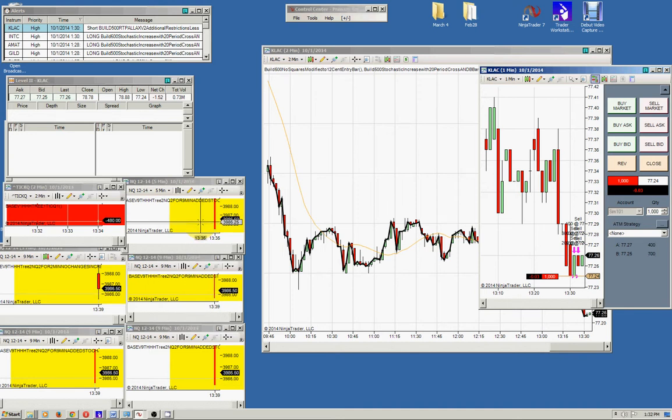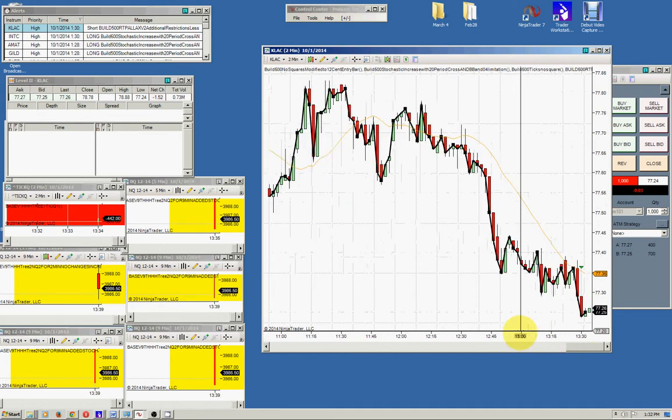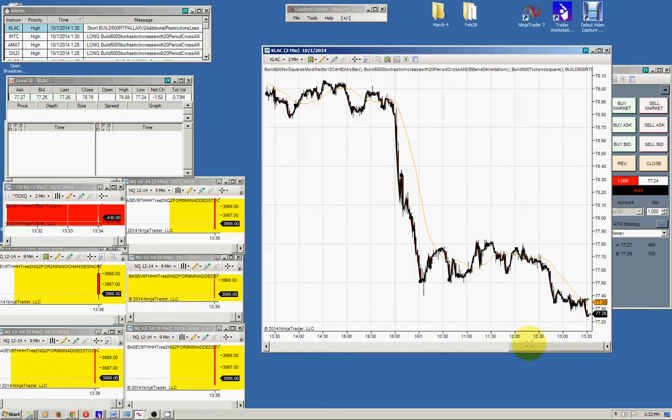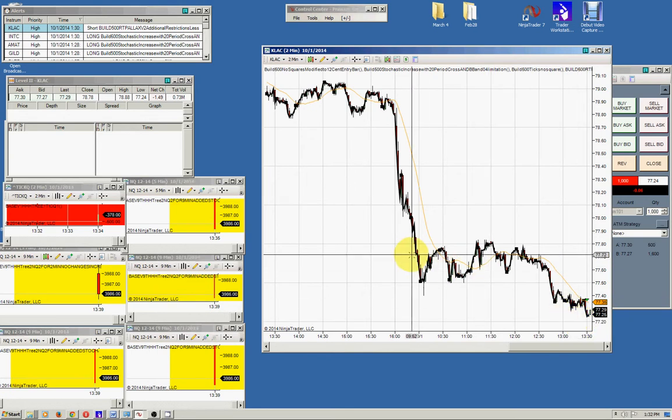You see the flashes of red. Now, the one thing we didn't really do before we entered this trade was look at resistance points. We don't see any resistance points here, but we are trading into the low of the day, which is always a little bit dangerous. The low of the day is 77.24, which was exactly our entry point. So we'll just have to see what happens if this pans out.